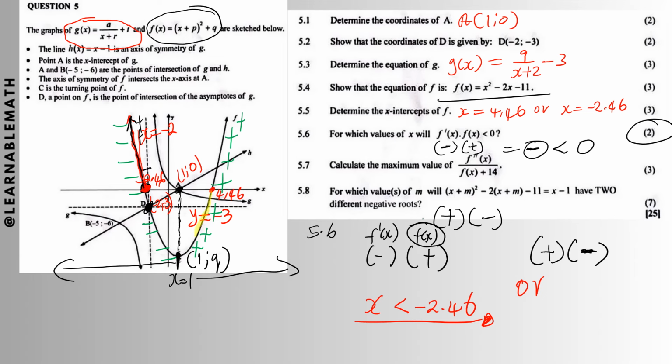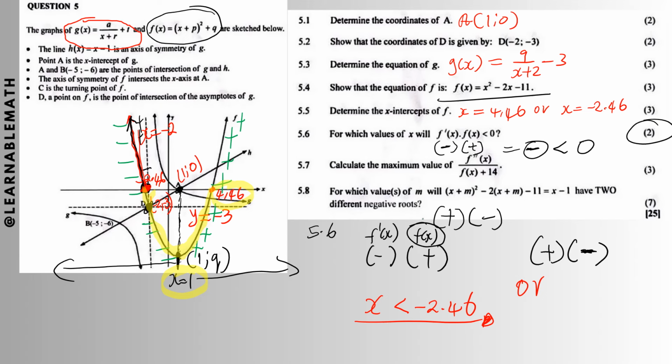The graph is below 0 there. You understand? That portion in yellow, that's when your graph of f is negative, it's below 0. But we have to check where the first derivative is positive, which I highlighted in green. So it's between 1 and 4.46, where the graph is actually negative, but its derivative is positive. Can you see in green there? So it's between those two intervals.